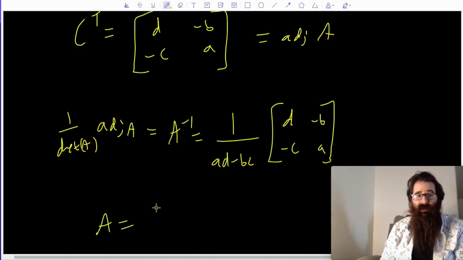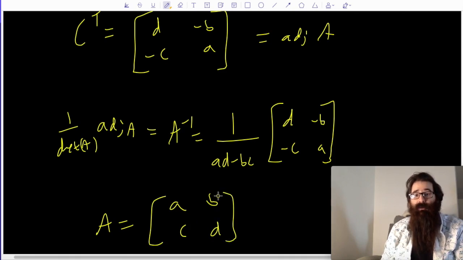We said matrix A had rows A, B, C, D. It's that same colloquial process. We say, okay, on the main diagonal, swap those entries. Put D where A was and A where D was. On the off diagonal, keep those entries where they are, but change their sign, and then divide by the determinant.